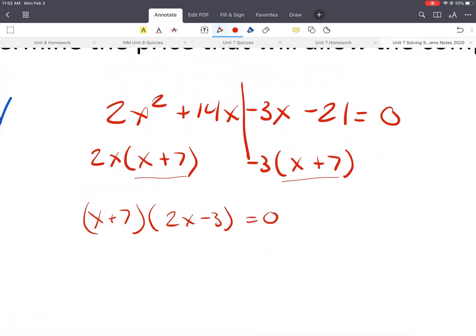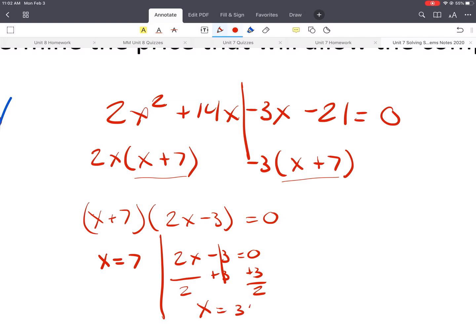Okay, and then we solve each of those. So we'll have one that will be x equals negative 7. But here we're going to need to set 2x minus 3 equal to 0. So we'll need to add 3 to both sides and divide both sides by 2. So we'll get x is equal to 3/2.